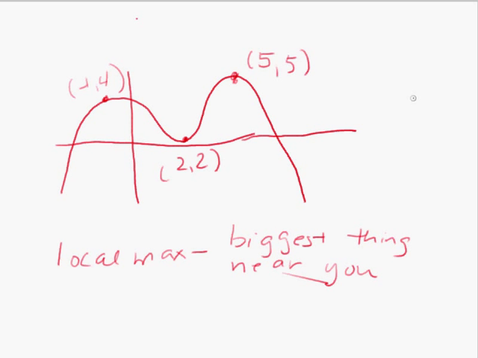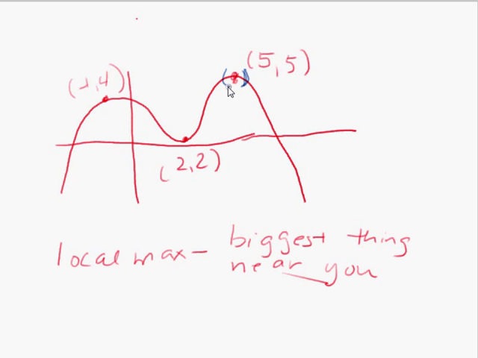I have to be able to draw a little neighborhood, which there is a mathematical definition for, but for our purposes, it's just going to be a little thing here, where inside of that neighborhood, and the neighborhood can get really, really tiny, I'm the biggest thing around. That makes me a local maximum. Locally, I'm the biggest thing around.